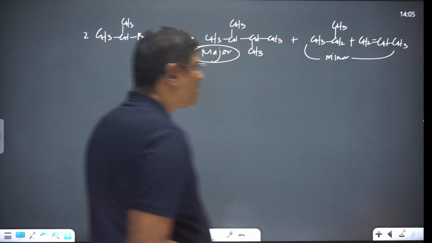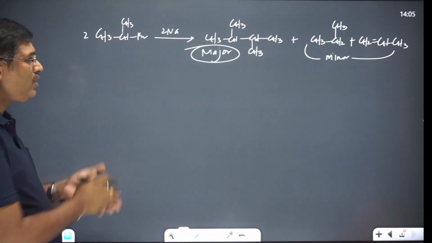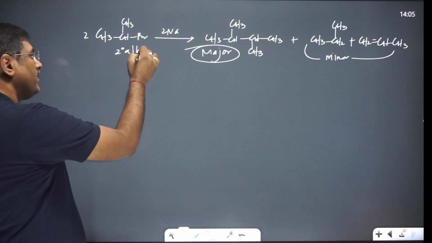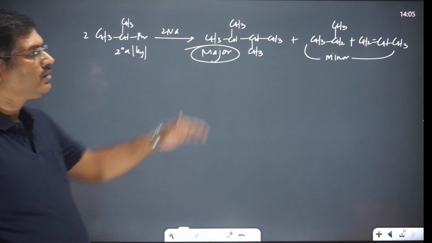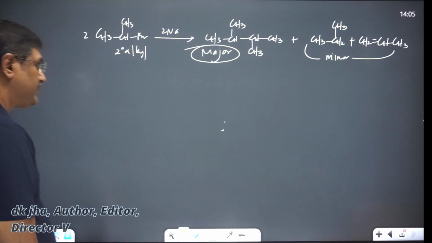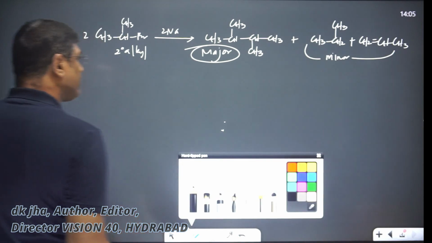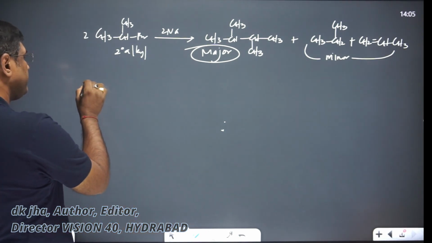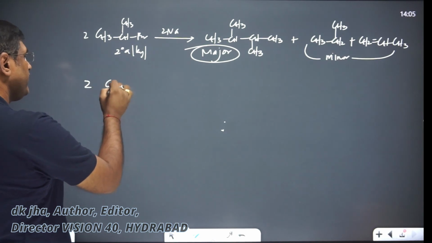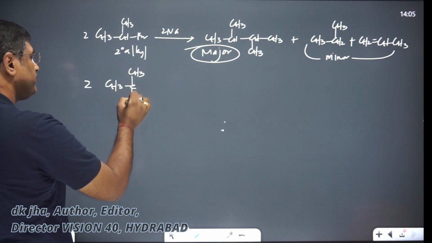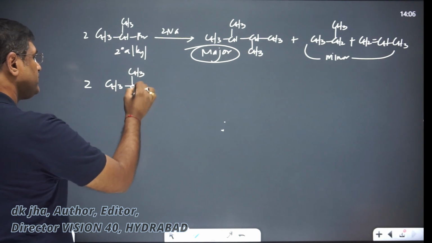Yes, even in this case of secondary alkyl halide, the corresponding alkanes and alkenes are the minor products, right? Now you take the tertiary one, 2 (CH3)3CBr.